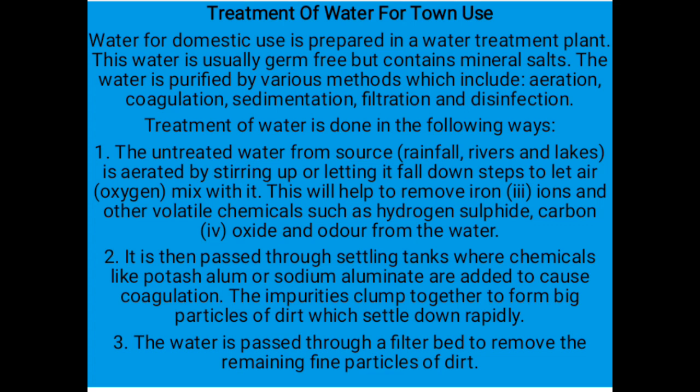Now let's look at them. Treatment of water is done in the following ways. Pay attention. Don't allow anything to distract you. The untreated water from source, like rainfall, rivers, and lakes, is aerated by stirring it up or letting it fall down steps to let air or oxygen mix with it.